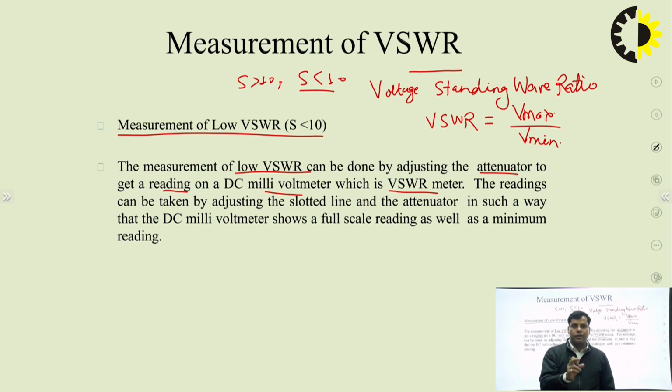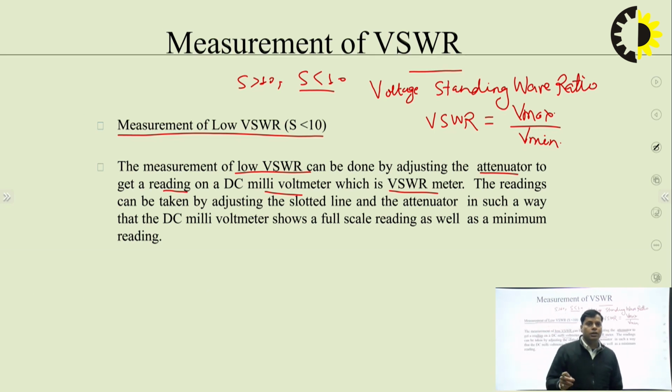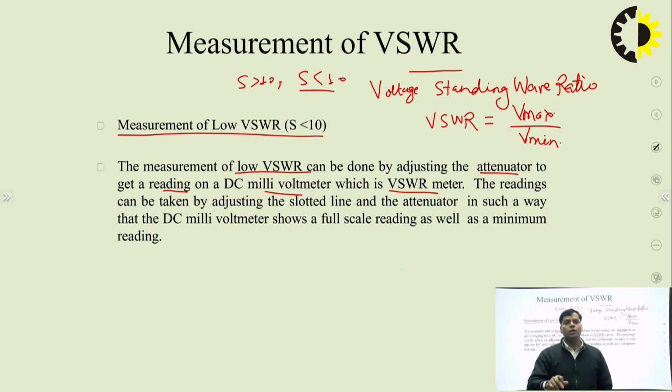After adjusting the attenuator, we get the maximum value of voltage, and we note it down as Vmax.